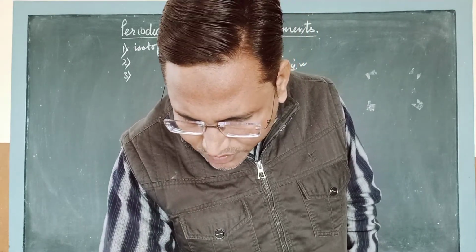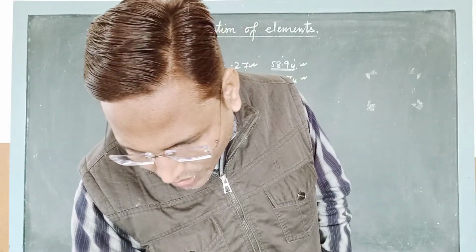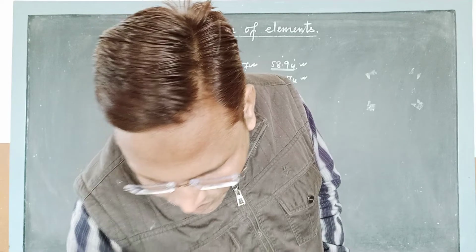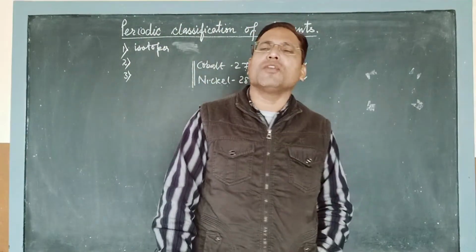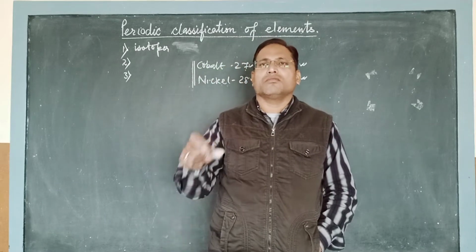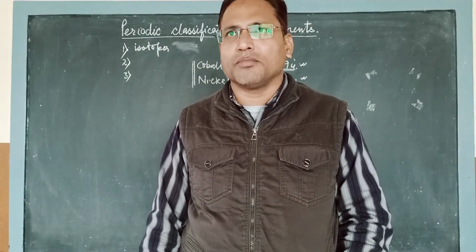Now we will see the explanation of the modern periodic law. What we saw in the modern periodic law is that the properties of the elements are periodic functions of their atomic number.